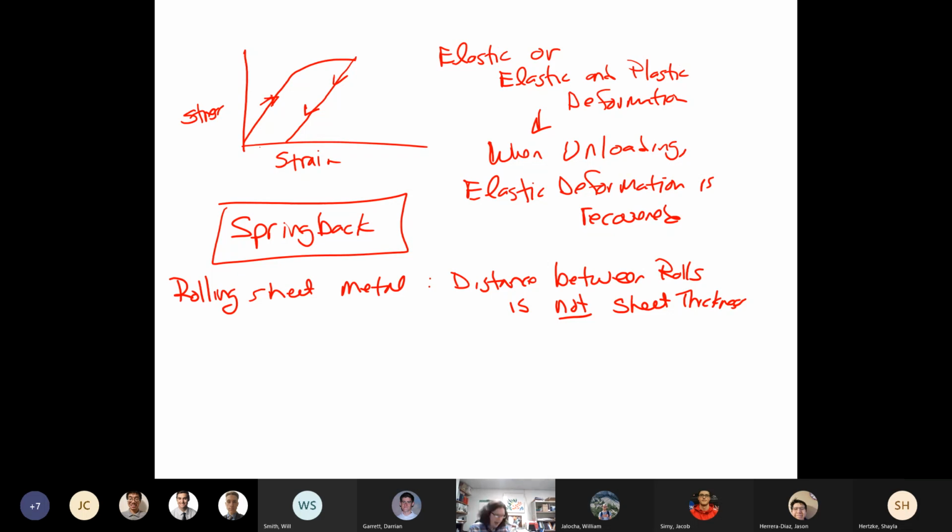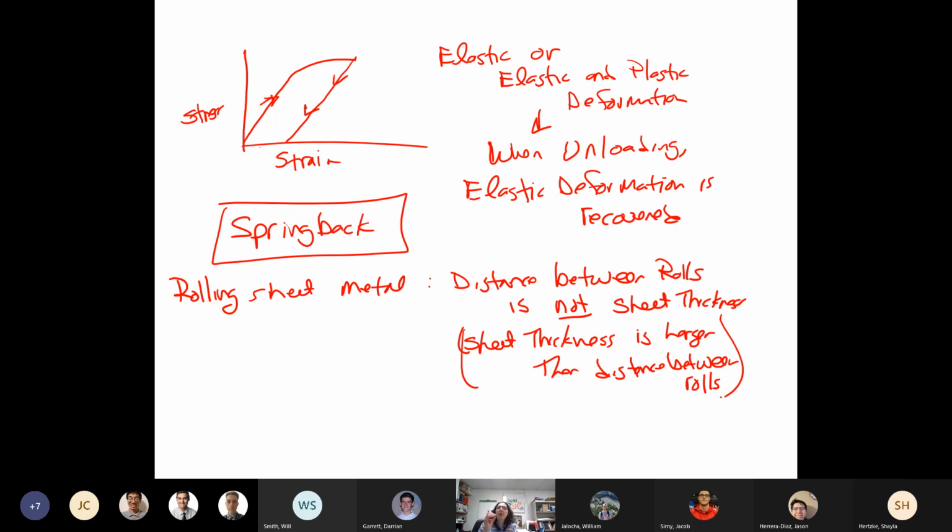We have to take this into account, and we will see that the sheet thickness is slightly larger than the distance between the rolls. So if we want really good dimensional tolerances on our sheet metal, we have to know how much spring back we're going to get.